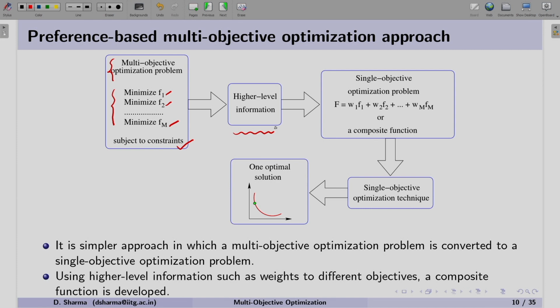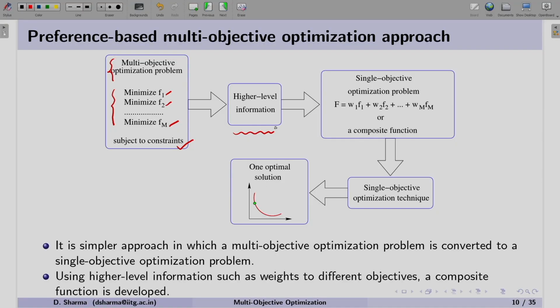Although the problem is multi-objective, we already know that to this particular objective we will give more weightage. Say for example, objective number 3, we will give 50%, we will give 10% to objective number 1, and similarly some other percentage to other objectives.